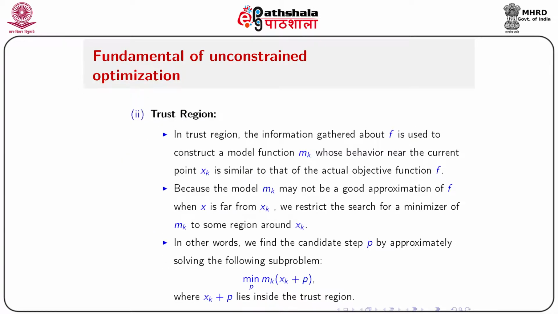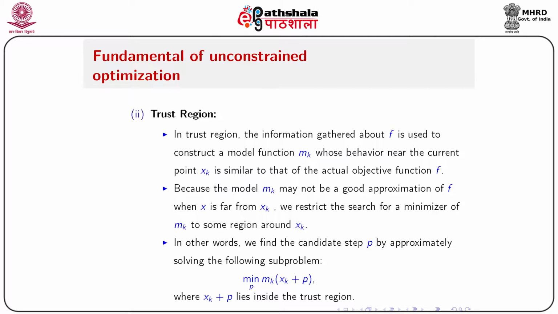And the second one is the trust region. In trust region, the information gathered about f is used to construct a model function mk whose behavior near the current point xk is similar to that of the actual objective function f.